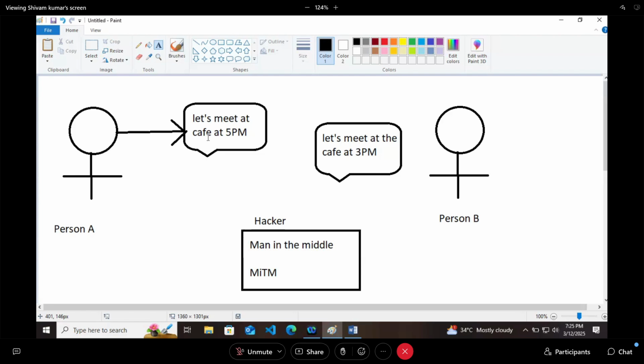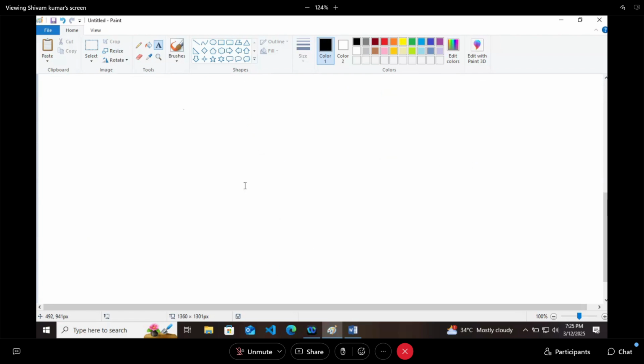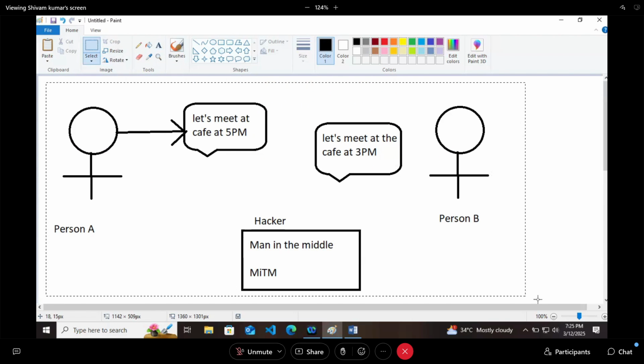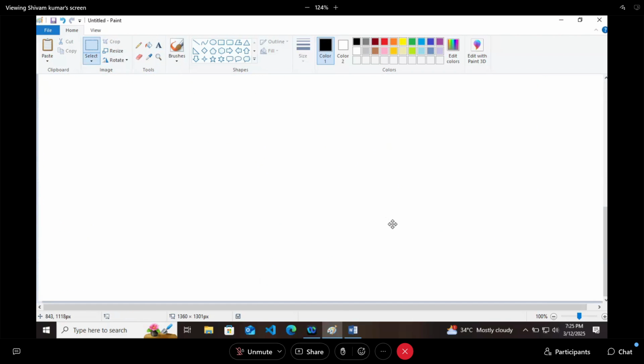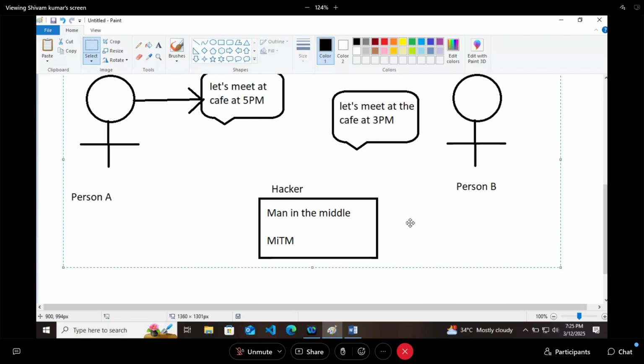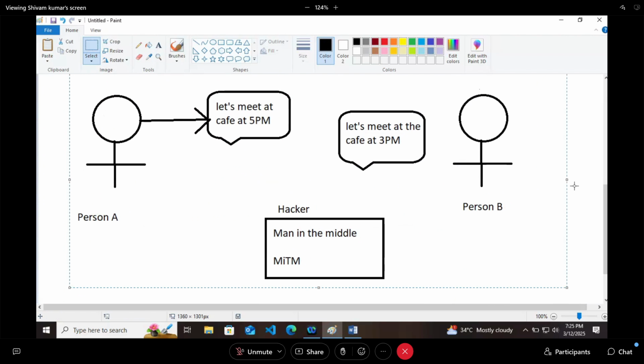So cryptography means all the things will be the same, but with a little change. What will be that change? Now also person A is sending the message that let's meet at cafe at 5 p.m. But the message is not written in this way.